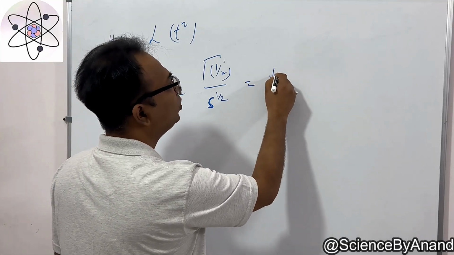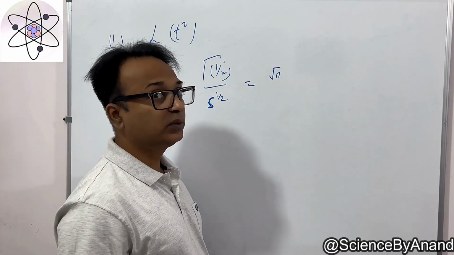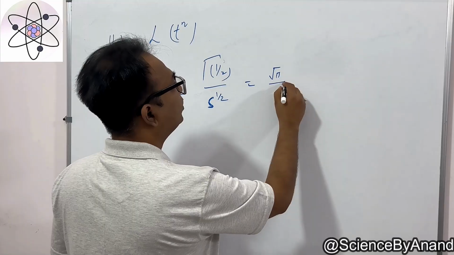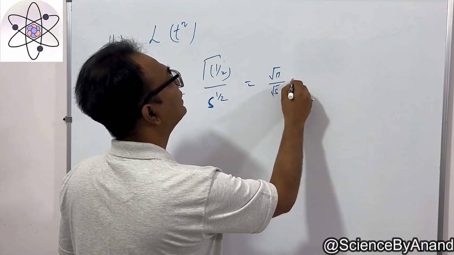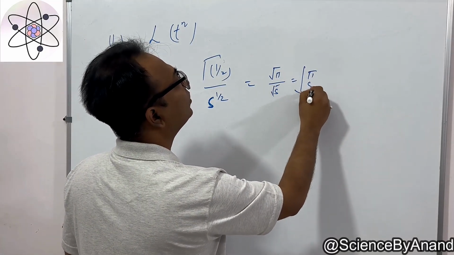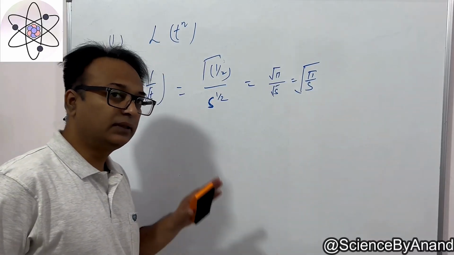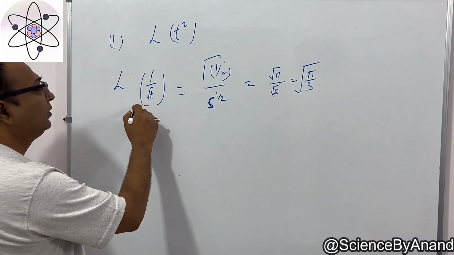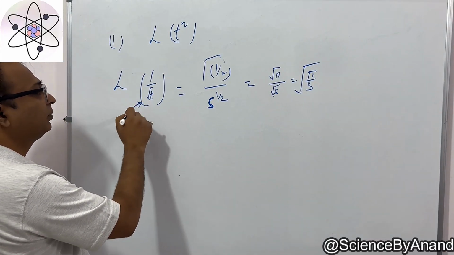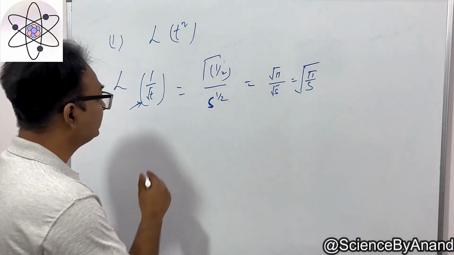This is given by root pi. These are standard values that you can find in your book. Root pi by root s, that is root of pi by s. This is one value you should remember. You will very frequently find this particular function in your equations.